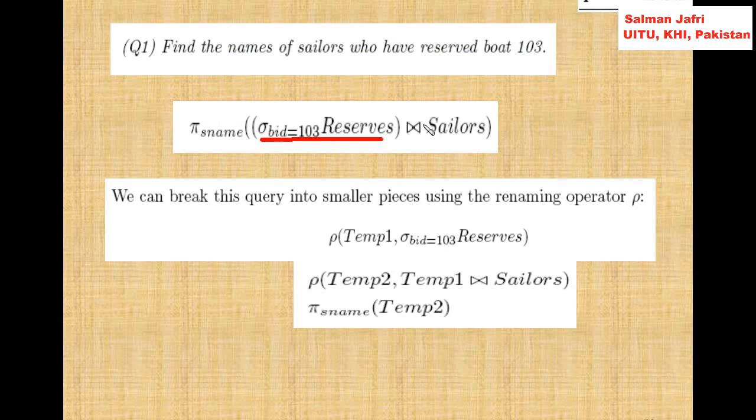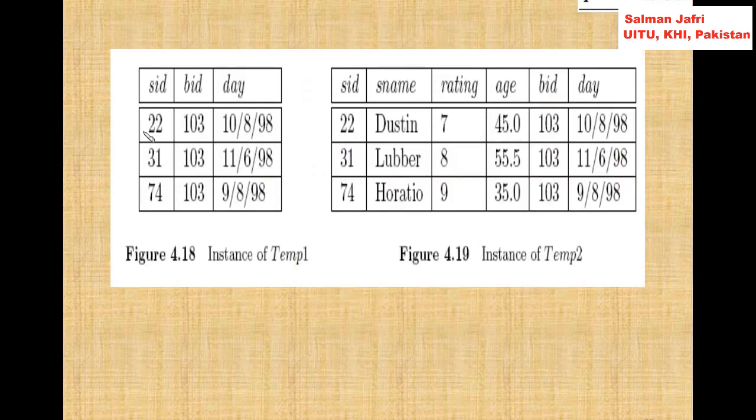Then we'll have the natural join with sailors, and the natural join with sailors means that all SIDs with the same values from over here would be selected, right? So SID of 22 would be selected here, SID of 31 would be selected over here, and SID of 74 would be selected over here.